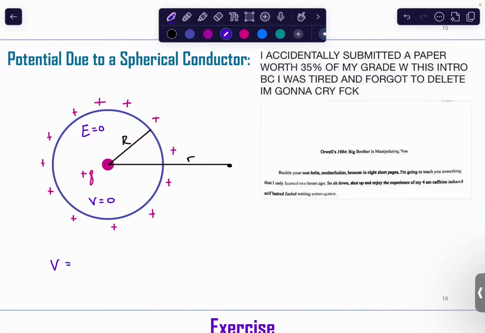So the potential out at point P is going to be just the same as if you were measuring from the point charge itself.